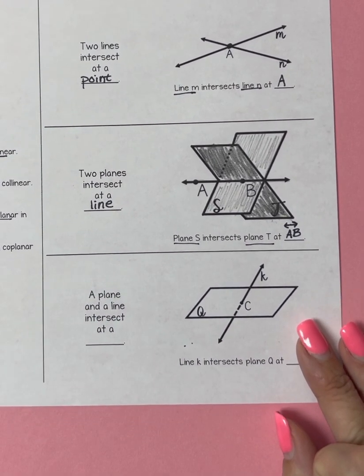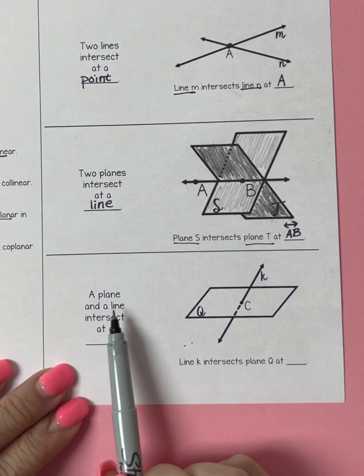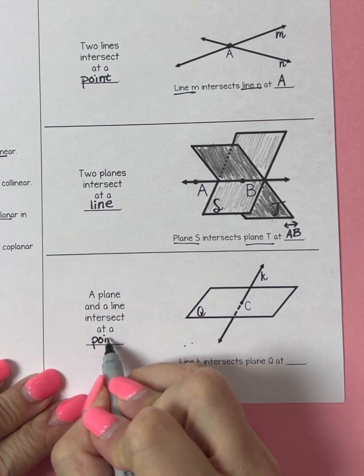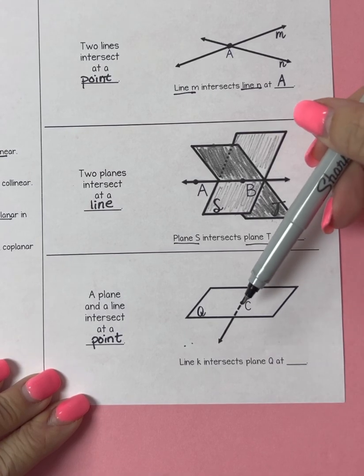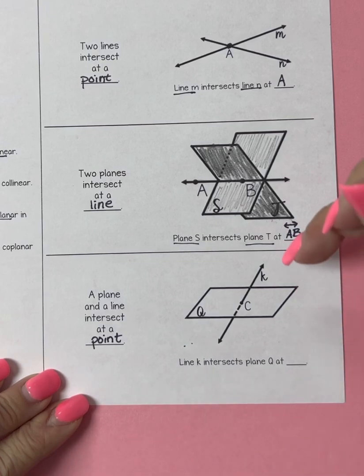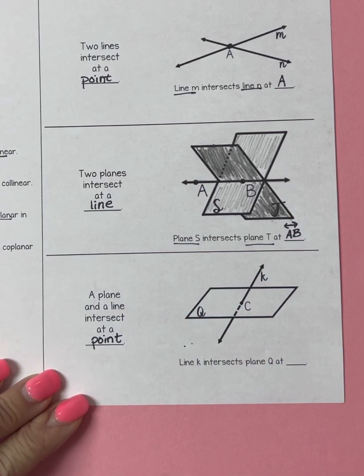All right, and now the last one here, the postulate, is a plane and a line also intersect at a point. That's kind of like if this line was like a pencil and it was piercing through the middle of this piece of paper right here. Where that pencil pierces through that paper is a point.